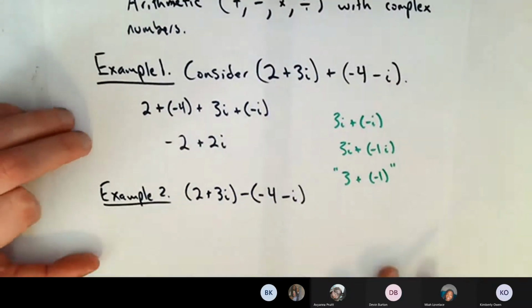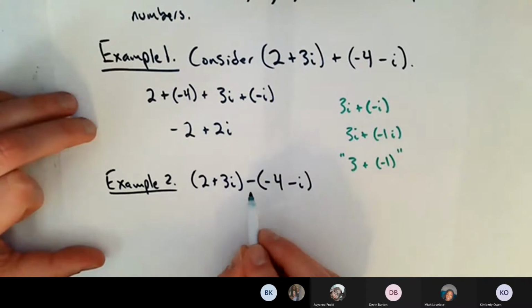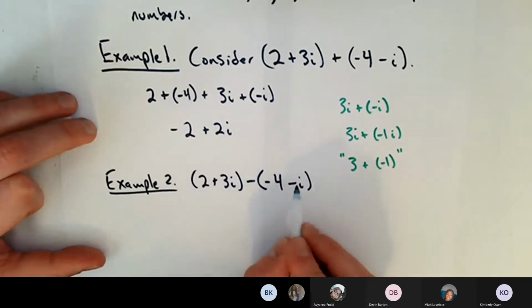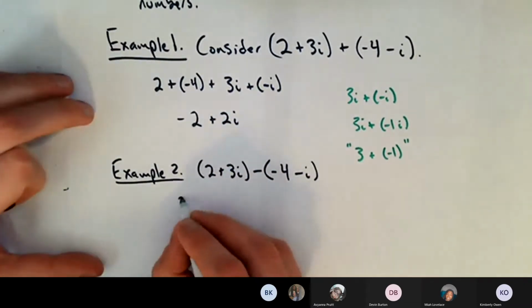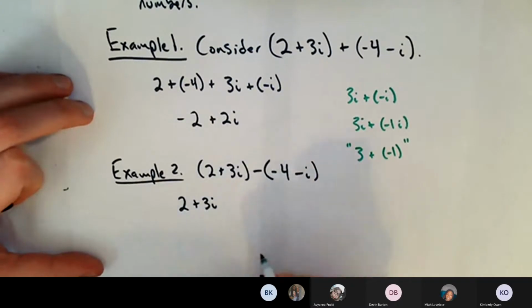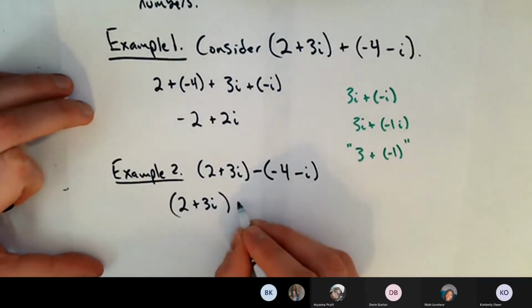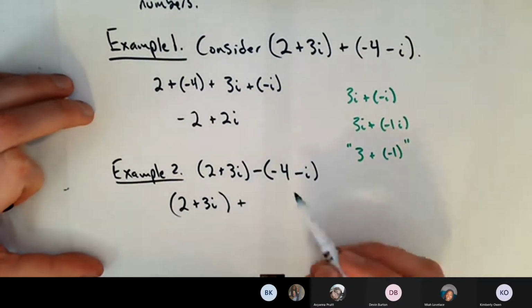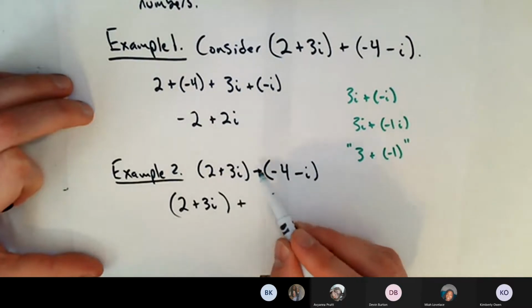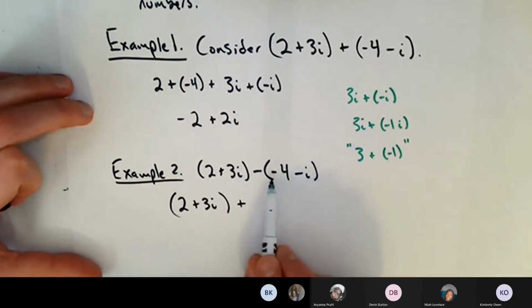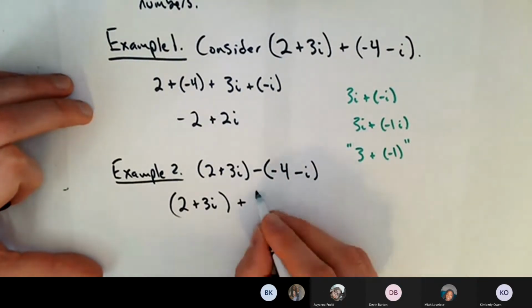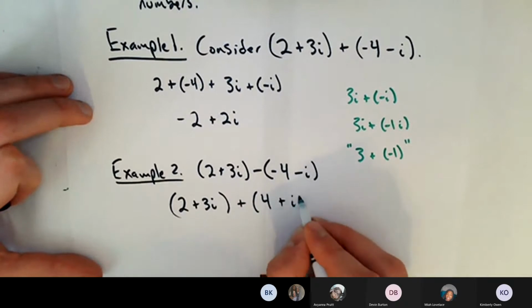That's all we're going to do here. So if I distribute the minus sign to both of these, I'm going to have 2 plus 3i in parentheses, and then plus, and I'll distribute the minus sign to both of these in here, which is effectively going to flip both of the signs in here, 4 plus i.